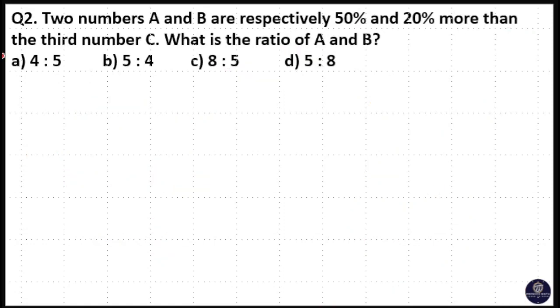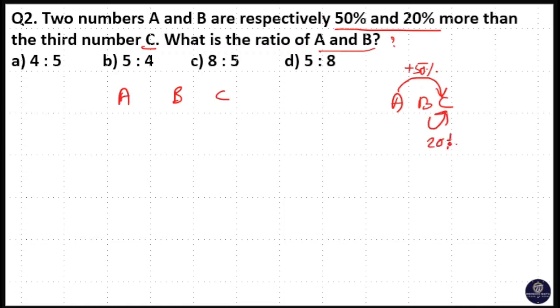Next is question number 2. Two numbers A and B are respectively 50% and 20% more than the third number C. What is the ratio of A and B? So there are three numbers A, B and C. A is 50% more than C and B is 20% more than C. If I take the value of C as 100, B will be 20% more, that is 120, and A will be 50% more, that is 150.